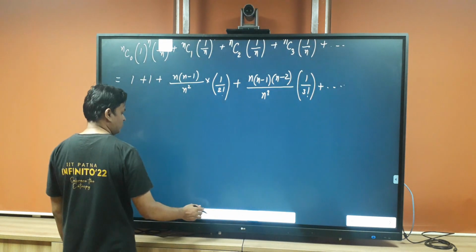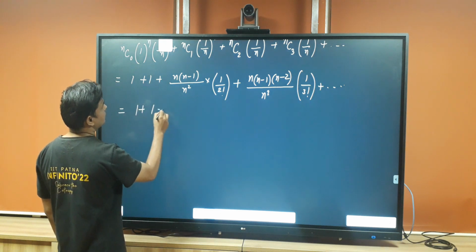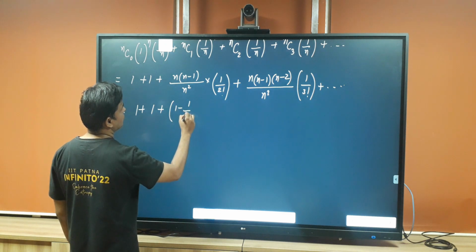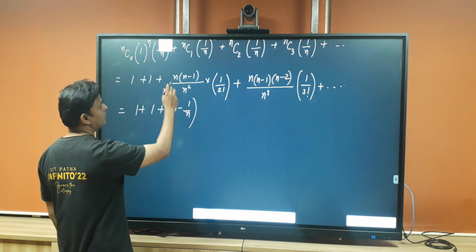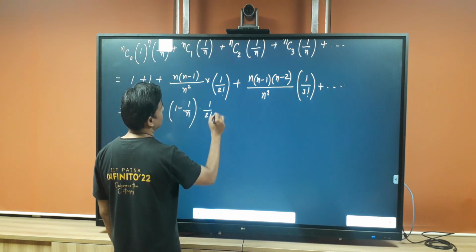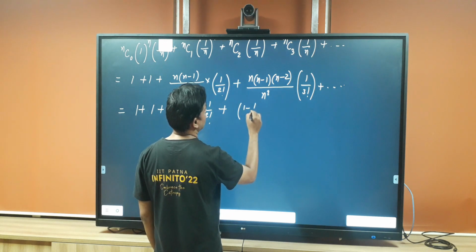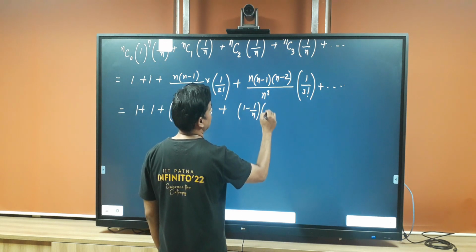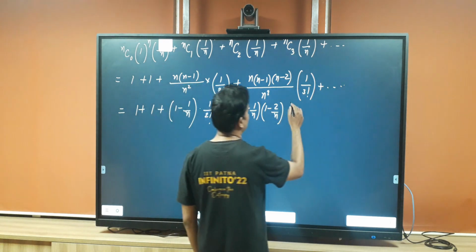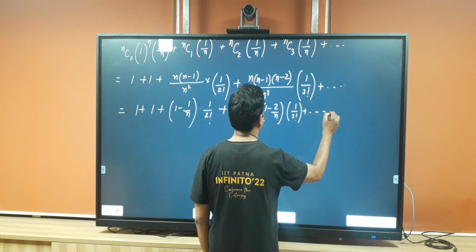Now, if you simplify it a bit further, you will get from here 1 minus 1 upon n. The n and n get cancelled, into 1 upon 2 factorial plus 1 minus 1 by n, 1 minus 2 by n into 1 upon 3 factorial plus dot dot dot.